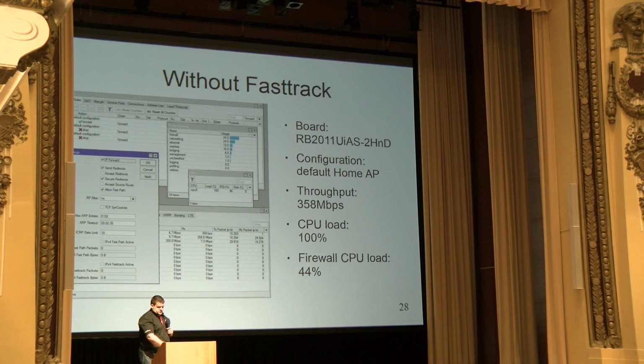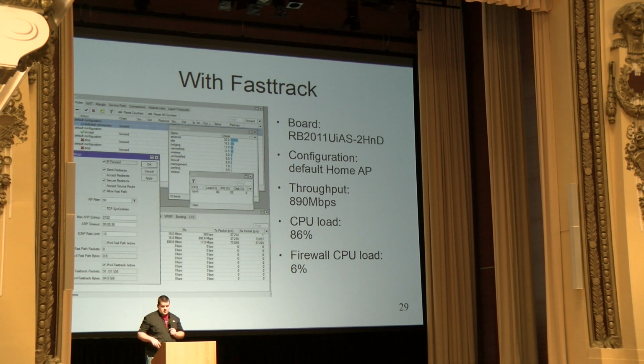Then we changed and added fast track. Same configuration, same RouterBOARD. Now throughput is 890 megabits per second. You have 86% load, so there's still some space to go, and firewall is eating only 6% of the load.